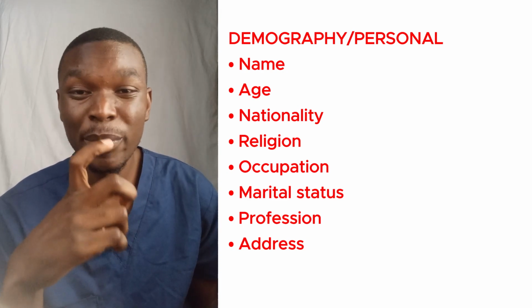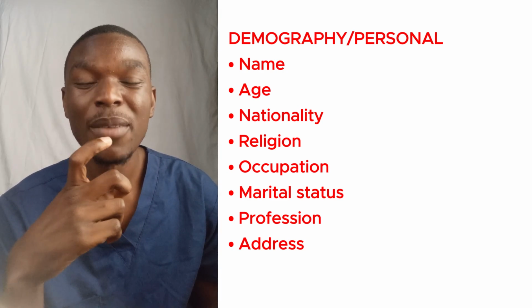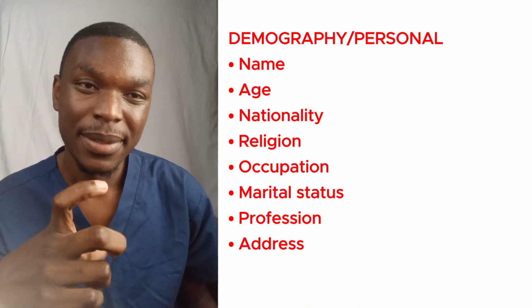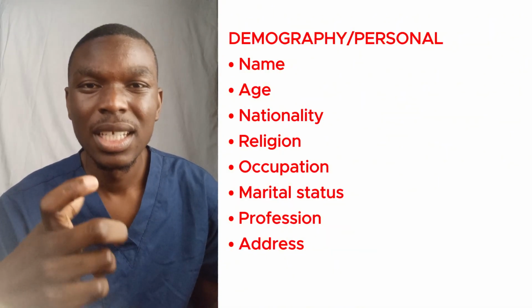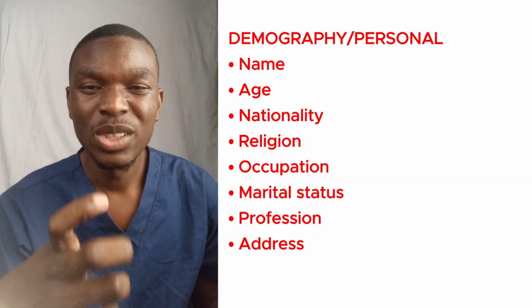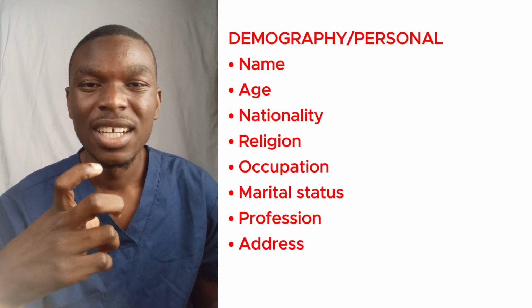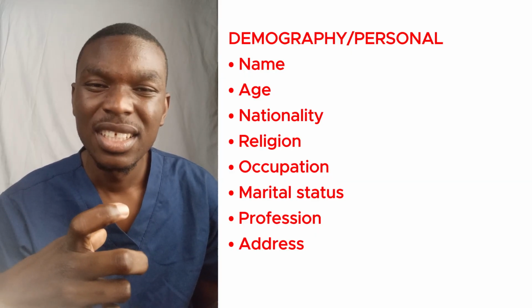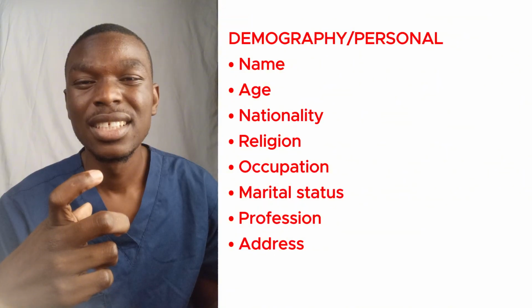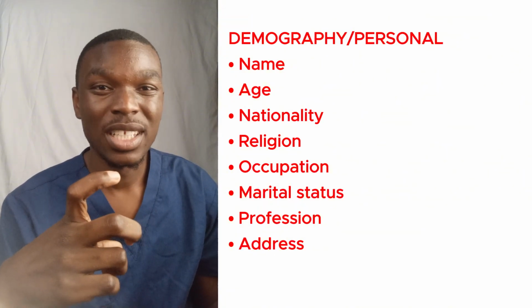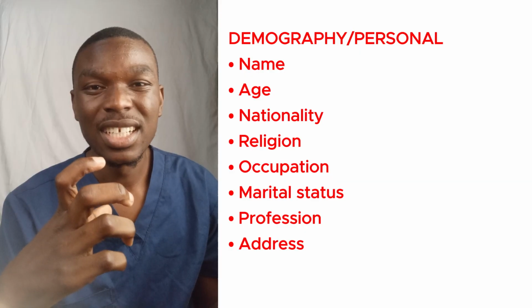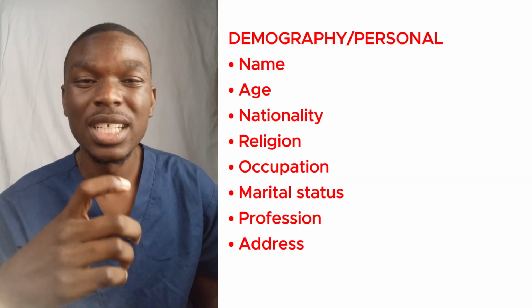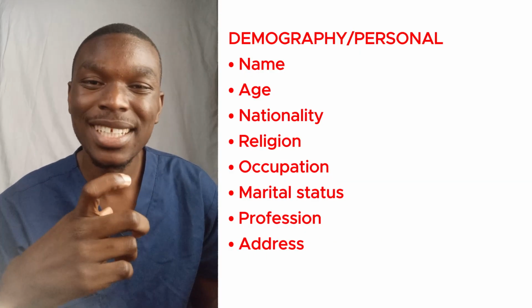It gives you a picture of the patient you are working with. For example, age. If the patient tells you they are 40 years, 39 years, you know that you're dealing with a woman advanced in age, so most likely she's going to have some complications when delivering.